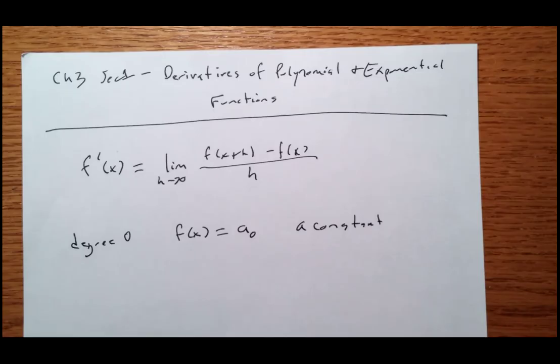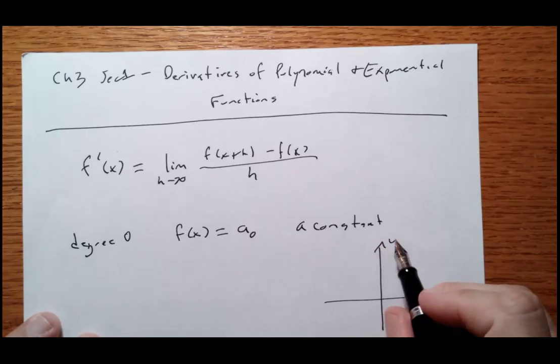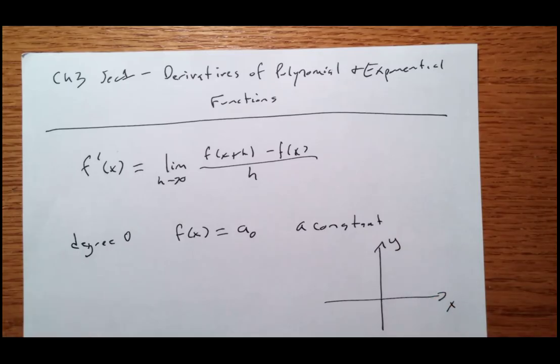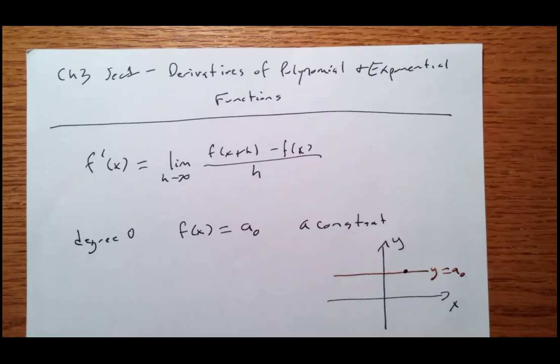So I would think that if I took any point along the line and I tried to measure the average rate of change at some point, I would expect that average rate of change to be 0. But we should check.